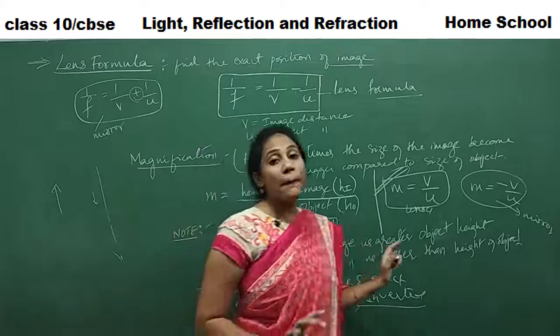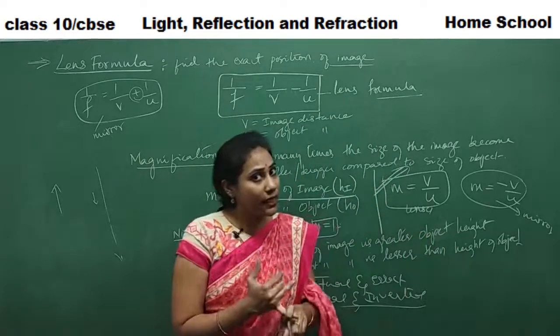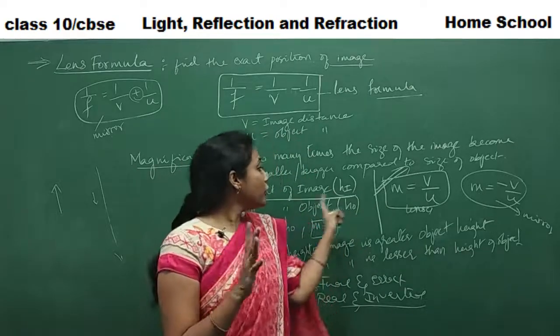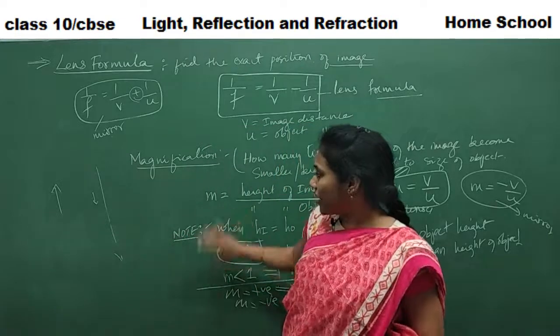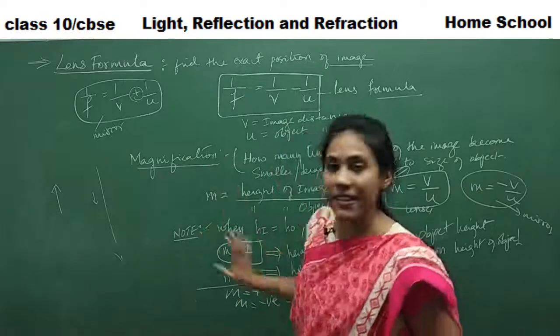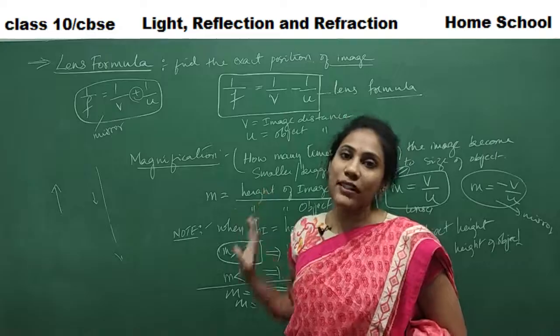So this is all about magnification. So we spoke about sign convention, we know what the lens formula is, we got to know about magnification. About magnification, no change. Whatever we studied in case of mirrors, the same thing is there. Now let us see a few questions based on this concept.